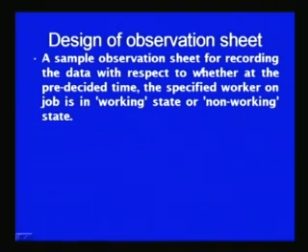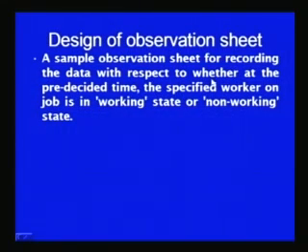For collection of the data during the study, it is important that the observation sheet is properly prepared, so that the information desired can be accurately entered and later tabulated easily, so as to find out the working or non-working state of the particular item, whether it is a worker or a machine to be investigated.